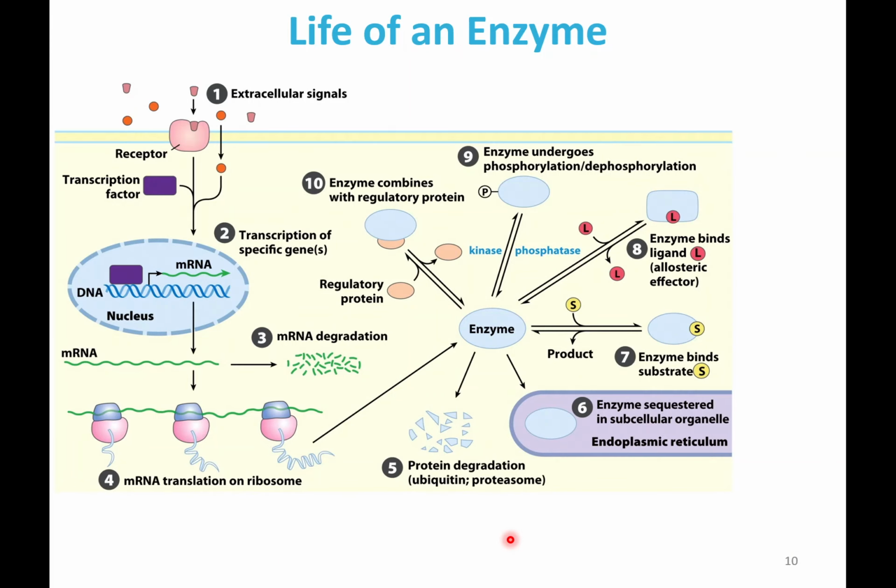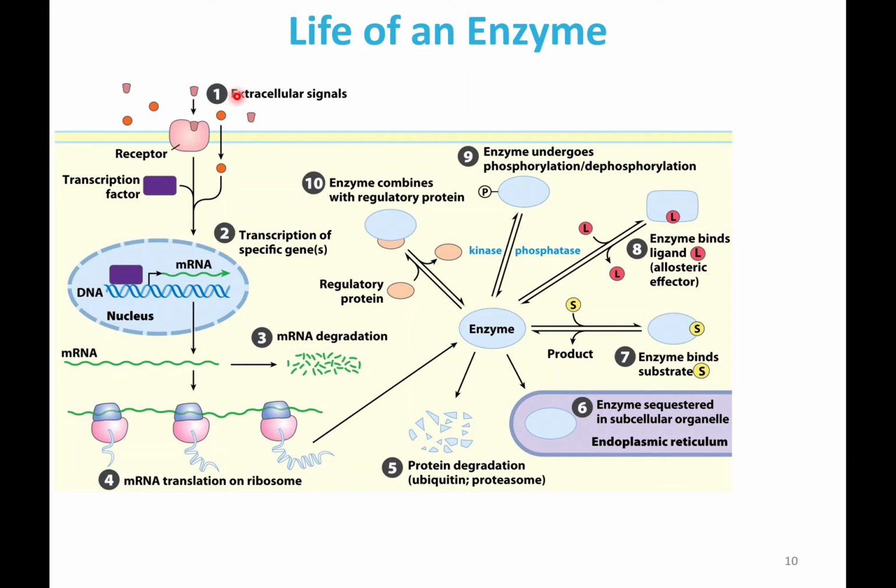Okay. So if we look at the life of an enzyme, there's 10 different places in this figure that you can control how much of an enzyme is produced. And all of these places are potential places for regulation or control. Okay.